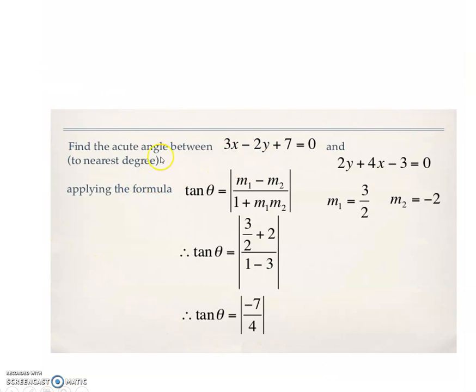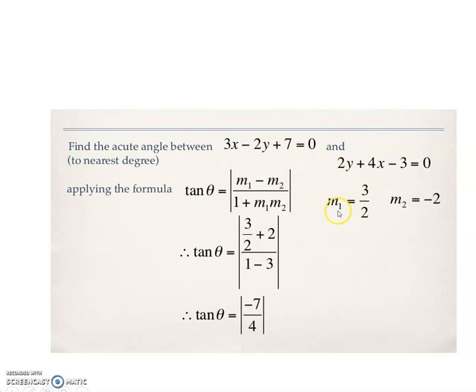Find the acute angle between 3x minus 2y plus 7 is equal to 0 and 2y plus 4x minus 3 is equal to 0. Now ax plus by plus c is equal to 0 is the straight line equation whose slope is given by minus a upon b.